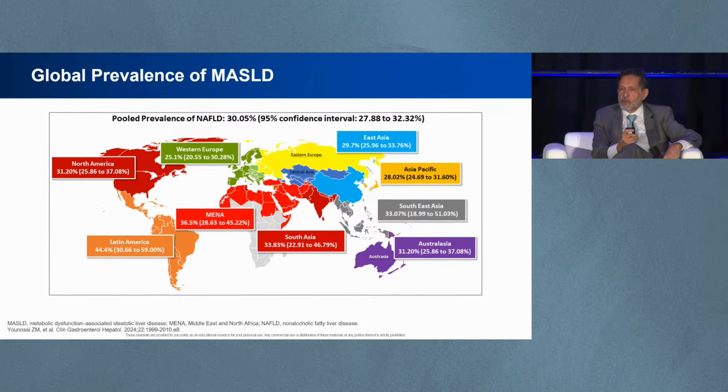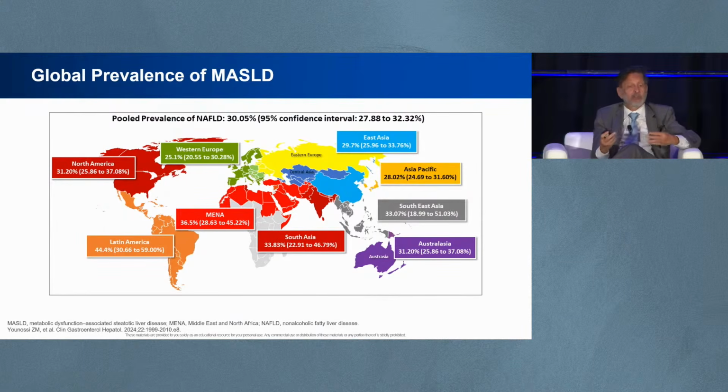But 31% prevalence in North America, and in Asia, around the world, around 30%, give or take a few percentage points up or down. But there are hotspots around the world which are particularly at risk, especially the areas in the Middle East, in Latin America, that are really concentrated areas where there's a lot of steatotic liver disease, a lot of metabolic dysfunction.